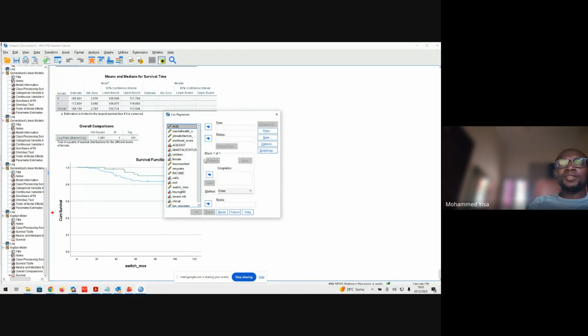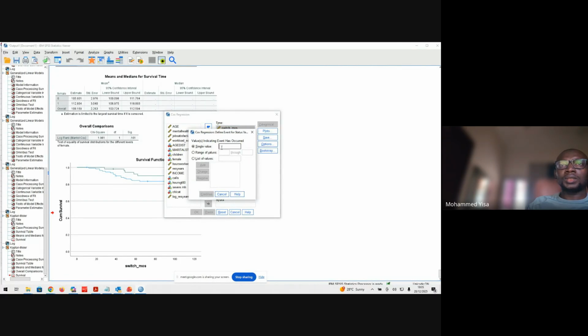So our time variable is the same, in months. The status is the same, exits: is the person there or not? And we define it as 1 for someone who has left medical practice.